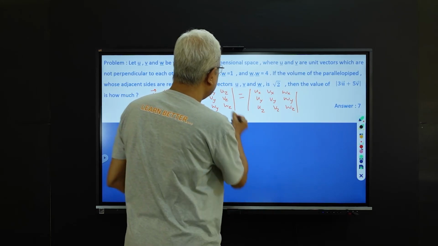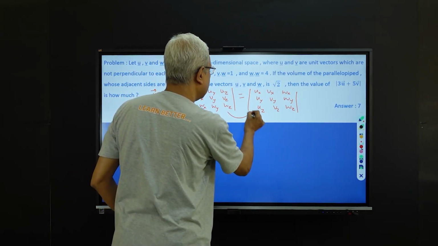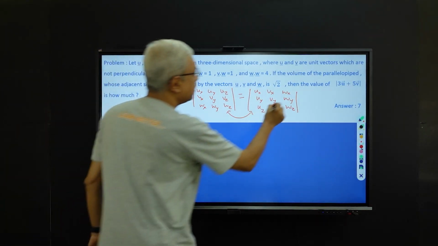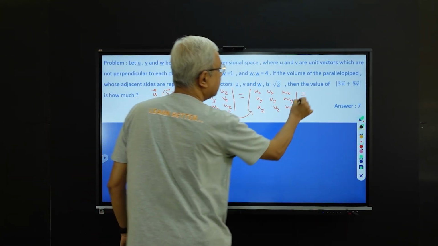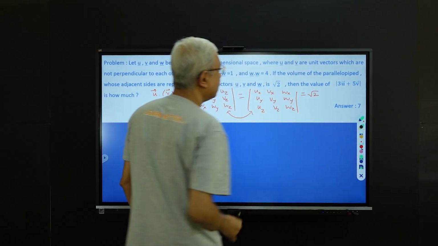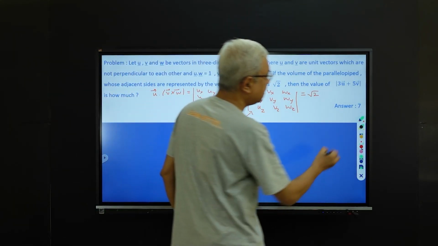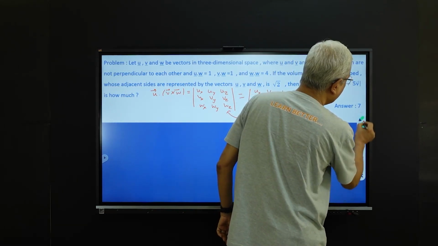So these two are equal. Now it is equal to root 2. Now if I take the square of this, what happens?